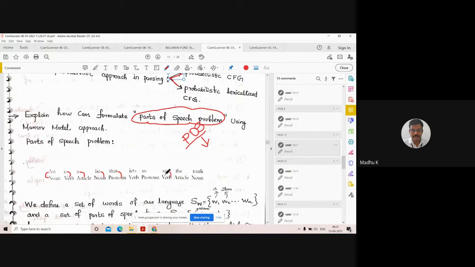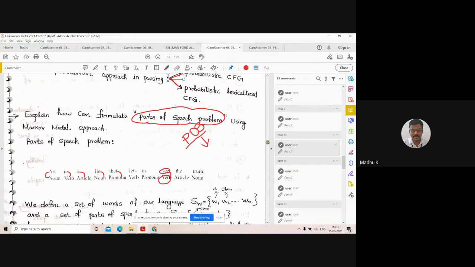That is, if a sentence is given, we should map each word in that sentence to a part of speech. That is POS tagging. So this is the part of speech problem.